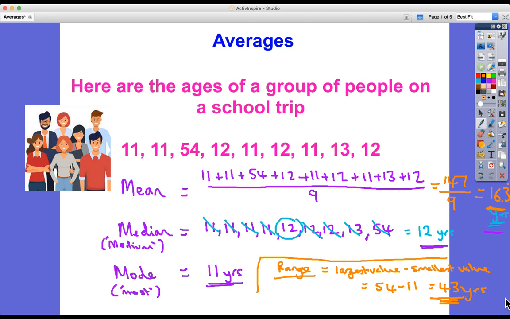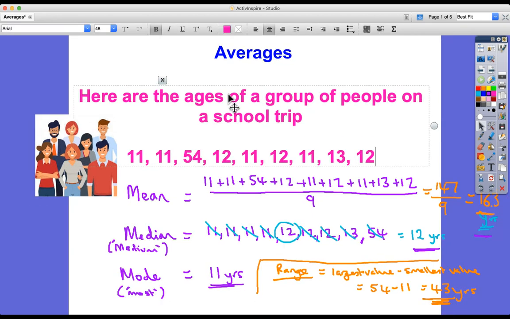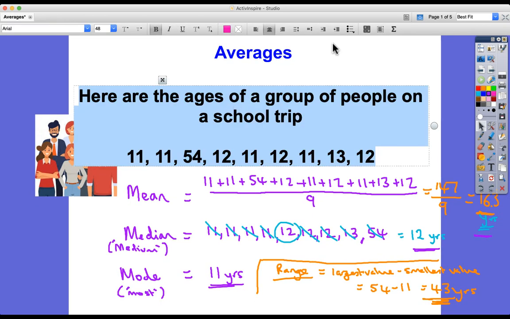Now, there's one more thing that I'd like to mention before we move on. The median there was really easy to find because it was an odd number of values. It was 9 values to start with. But last thing, I'd like you to consider what would happen if we had 10 values, an even number of values.